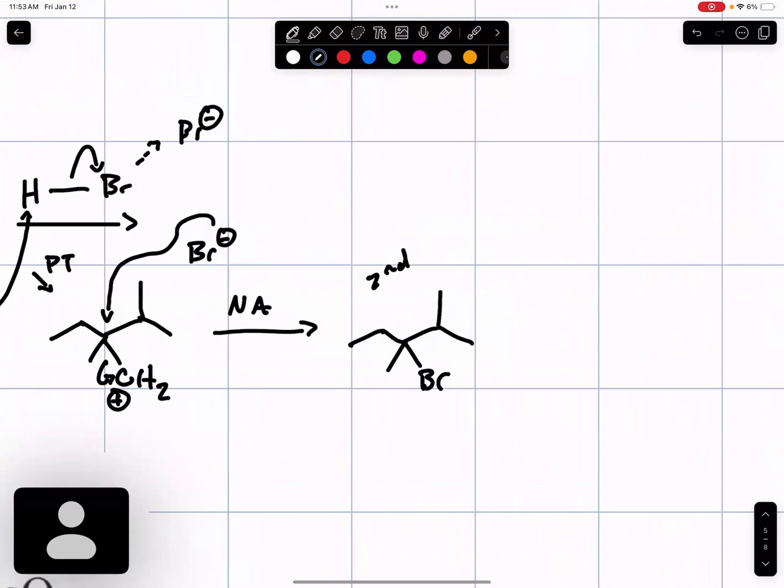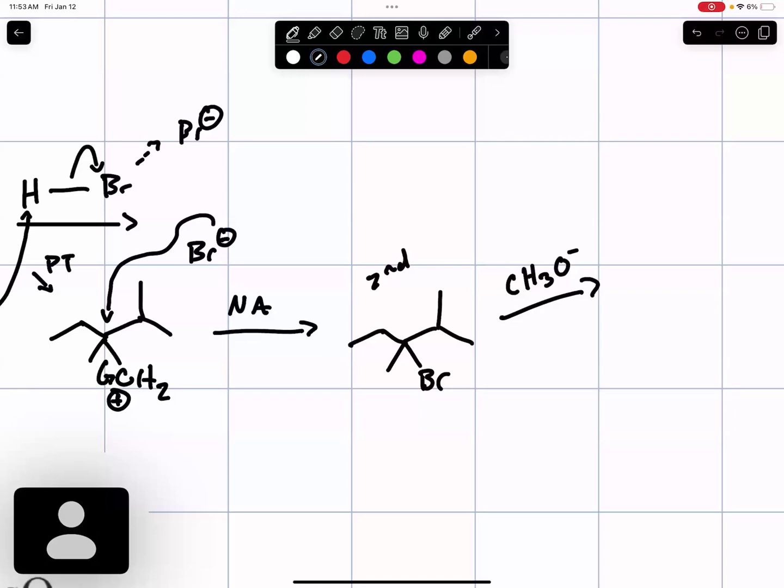All right, so we're treating this now with a small base. What's happening with the small base? What am I forming? Alkene. Okay, where am I forming that alkene? And what kind of alkene? A Zaitsev alkene.